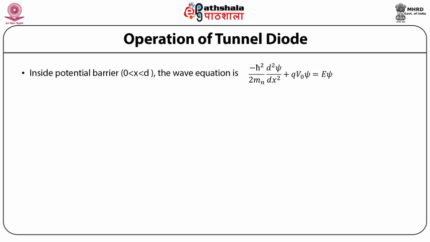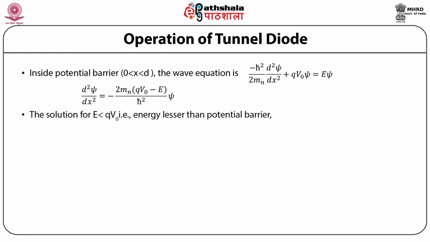So we can write this equation as d square psi by dx square equal to minus 2mn multiplied by (qV0 minus E) divided by ħ square psi.